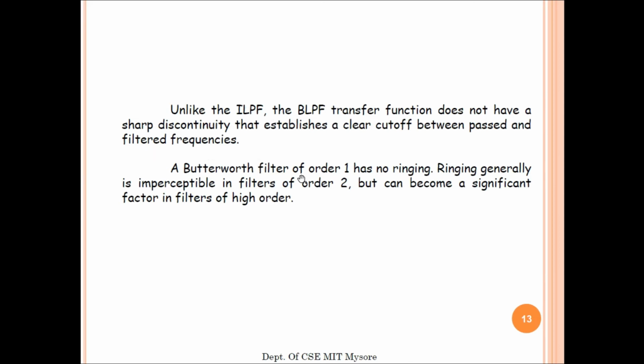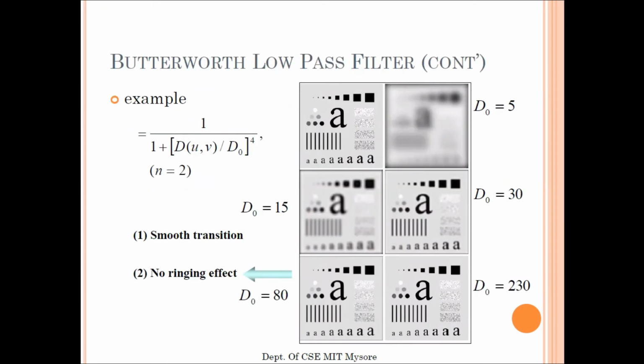A Butterworth filter of order 1 has no ringing effect, it is generally imperceptible in a filter of order 2, but can become a significant factor in filters of higher order. You can see in this example, if D0 is 5, there is a blurring effect, the image is not clear.